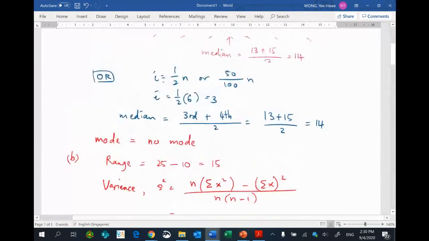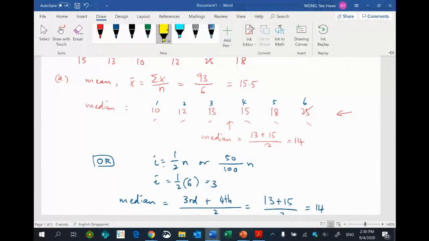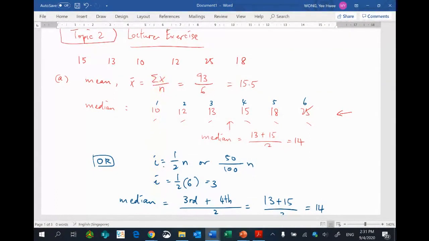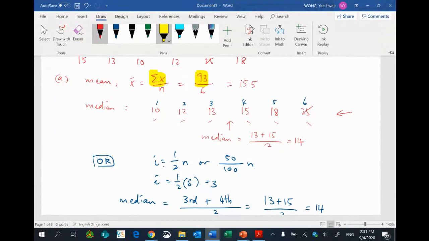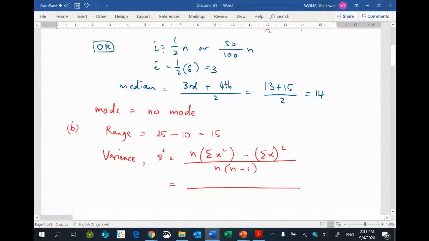Yes, we know N. N is 6. And the summation of X is 93.